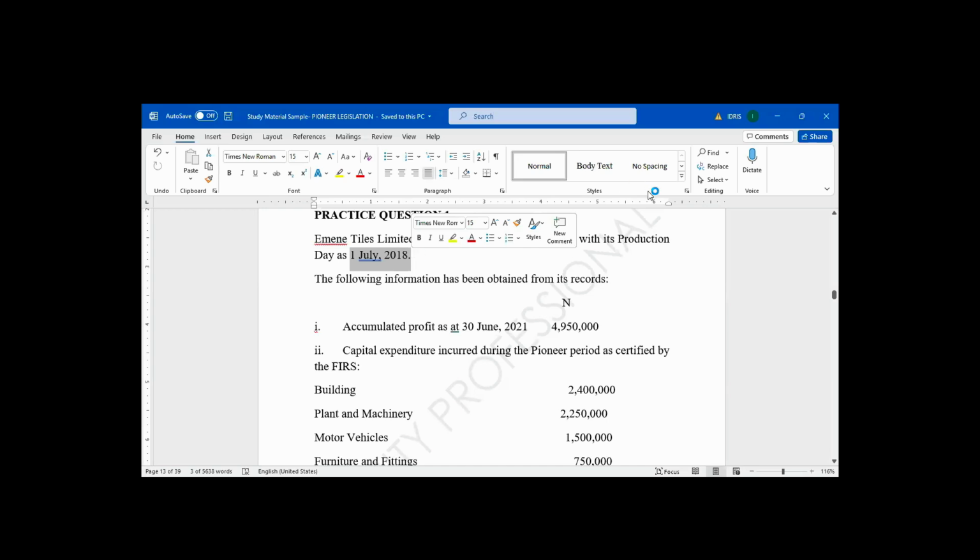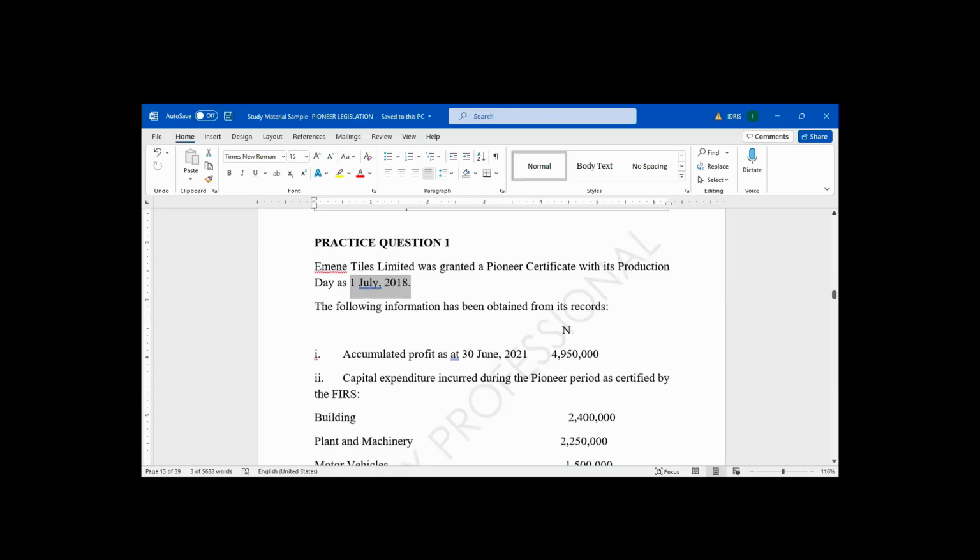And we know that profit made by a Pioneer company during the Pioneer period is going to be exempted from tax. So my question now is, what are the Pioneer profits in this question? For the 3 years Pioneer period, how much is the profit made by the company for the 3 years?